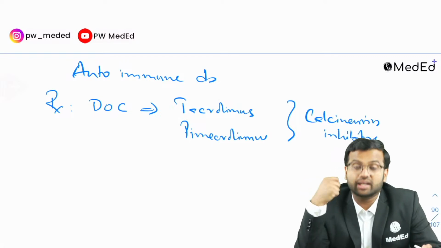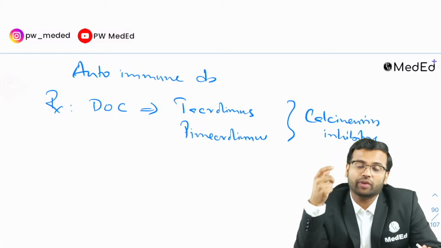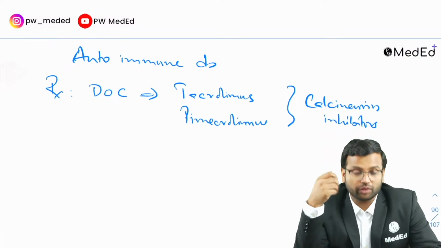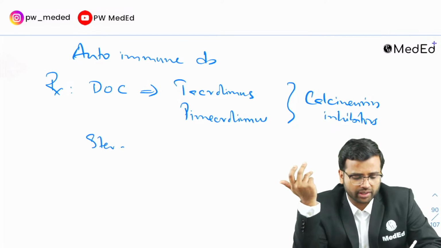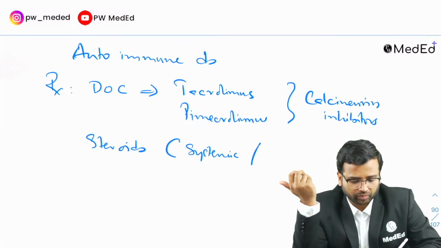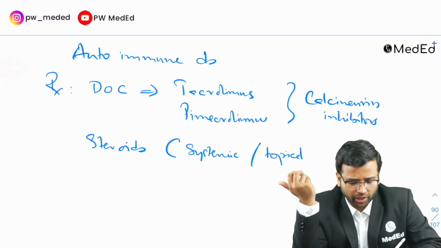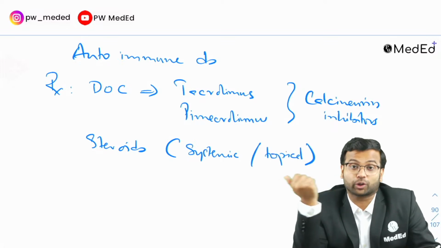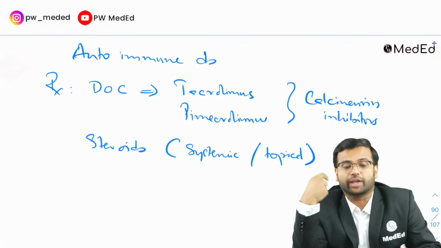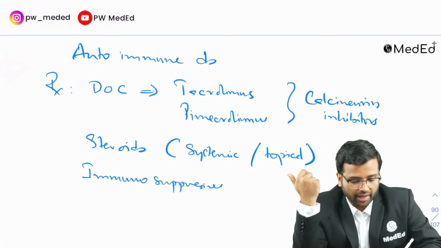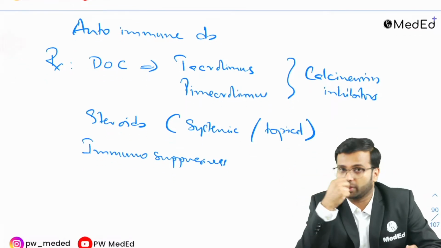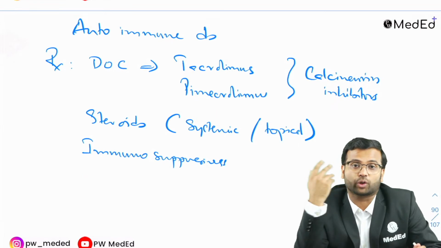Whereas in vitiligo, one of the majorly used treatment, we can also use steroids. We can use systemic steroids also, or we can use topical steroids also, because it's an autoimmune disease, isn't it? Now we can also use other immunosuppressives like azathioprine. All these things can be used because these are going to reduce the autoimmunity.